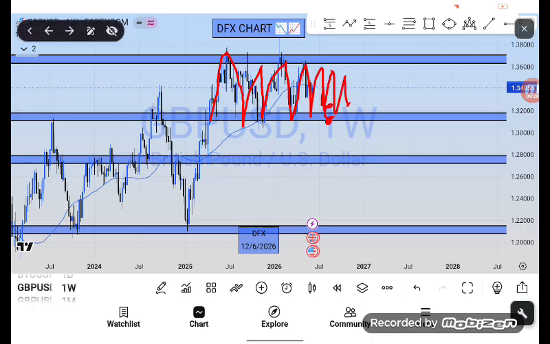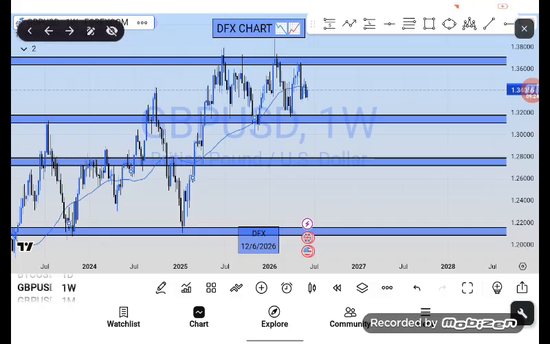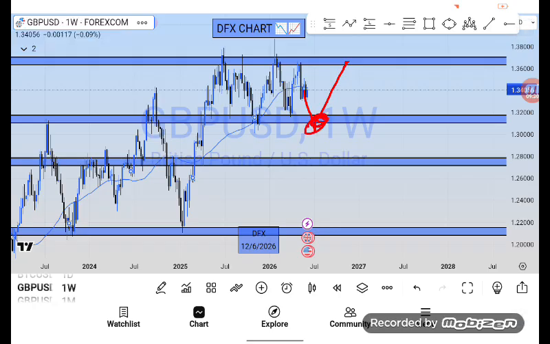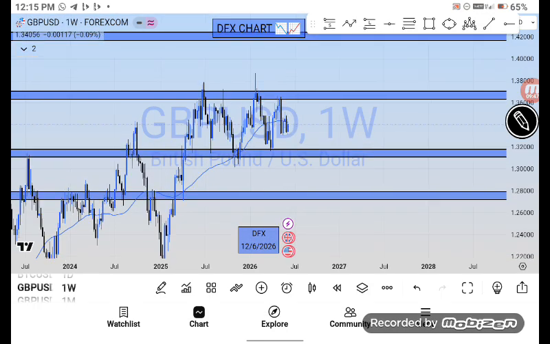So I expect the market to push to this point before we buy, and if we don't have that buy at this support level, we might break below and start heading down. Then we might find buy pressure around here to break the market above and start heading to the upside.